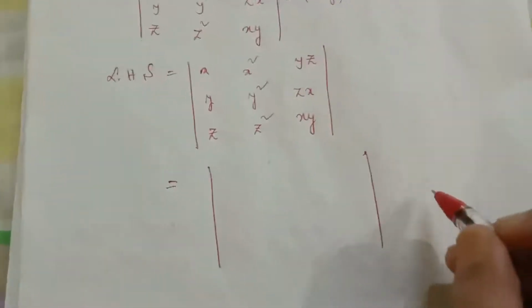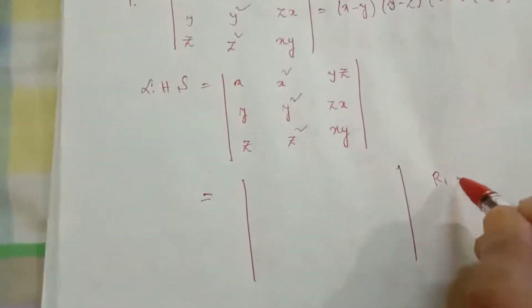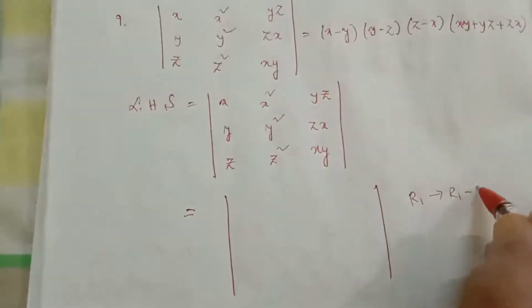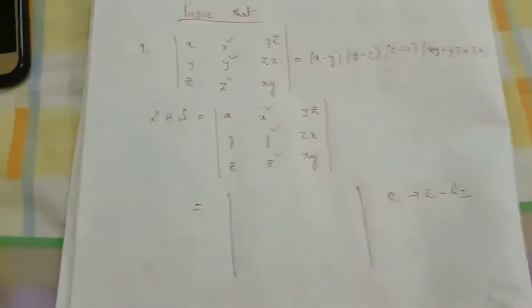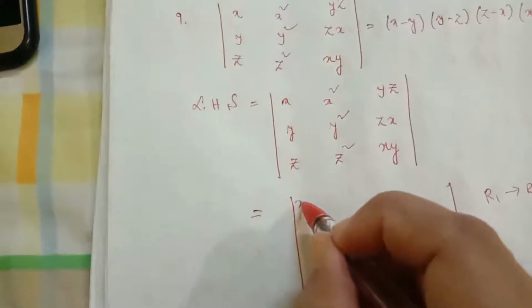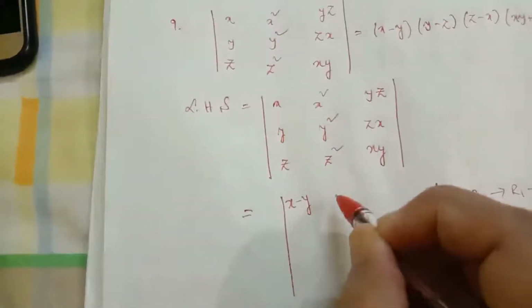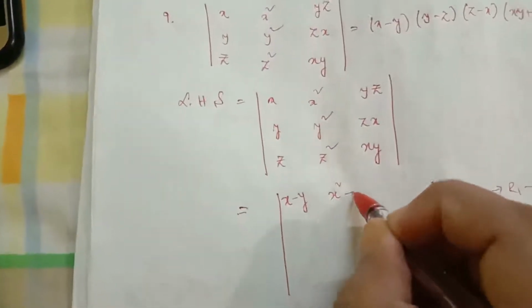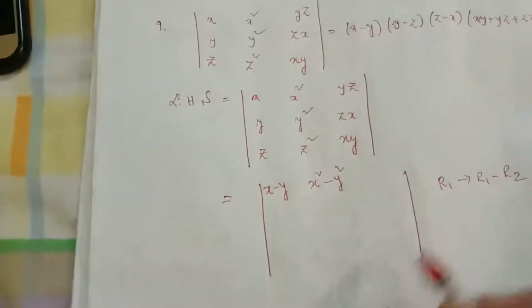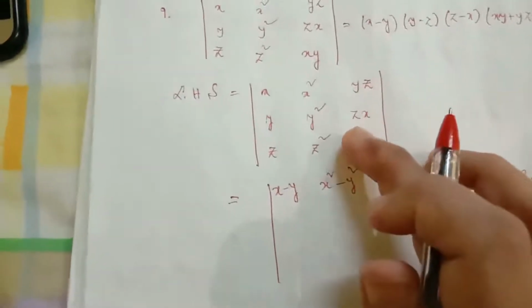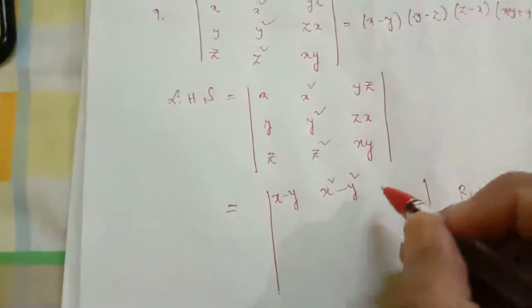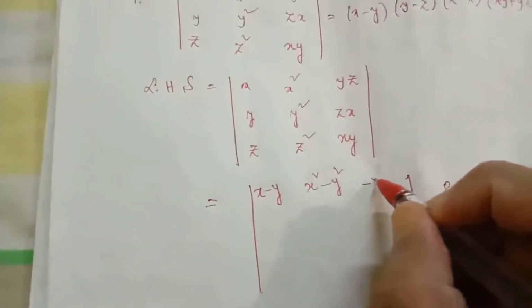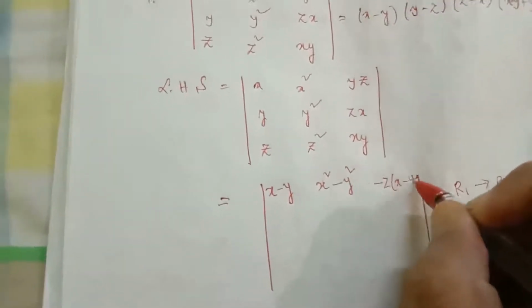So our first step will be to replace r1 by r1 minus r2. If we do this, our first element will be x minus y, our next element will be x square minus y square, and this element yz minus zx. So if we take minus z common, this will be x minus y.